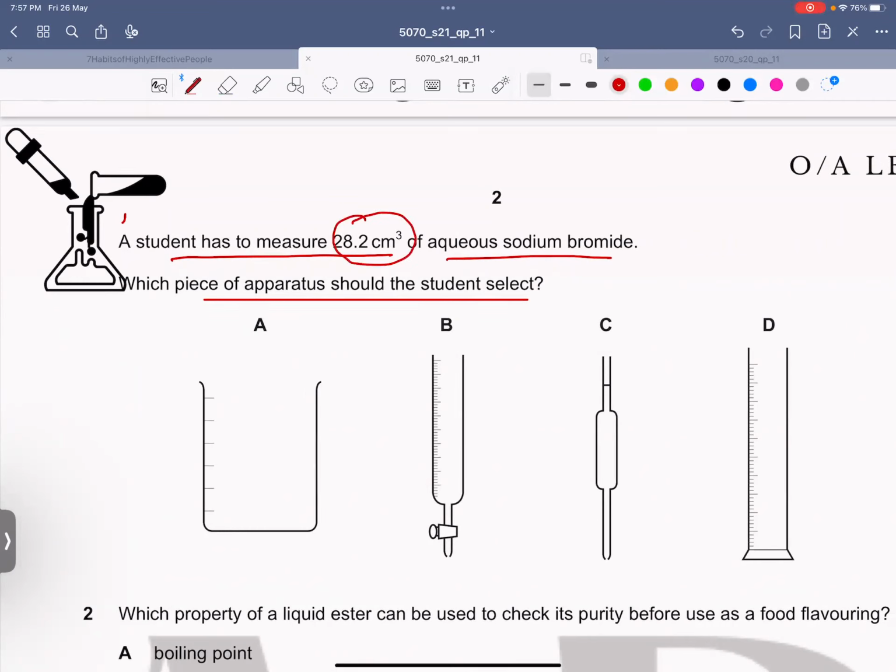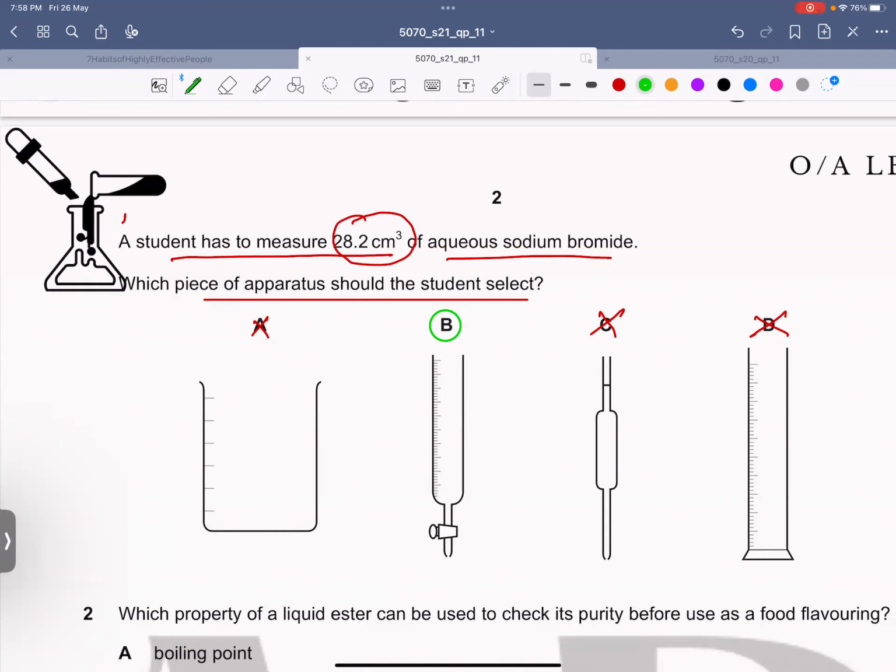So it means C goes wrong because in C there is no scale. A is a beaker for approximate measuring, so A is not the answer. You are left with B and D. D is for approximate measurement, so D is also wrong. So the correct answer is B, that this is a burette. Burette is always used to measure the volume accurately till 1 decimal place.